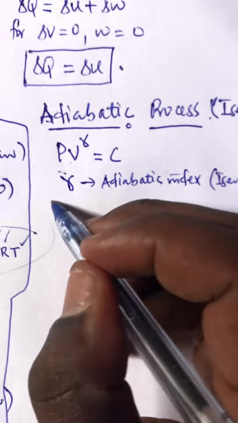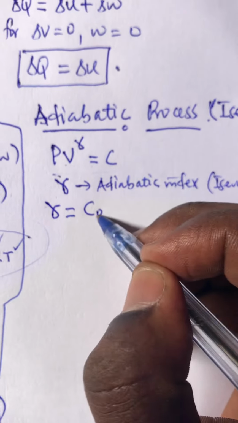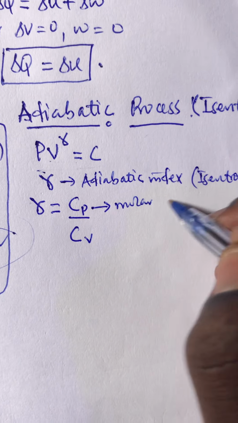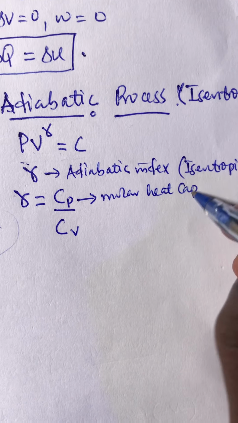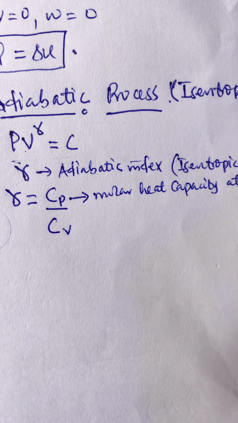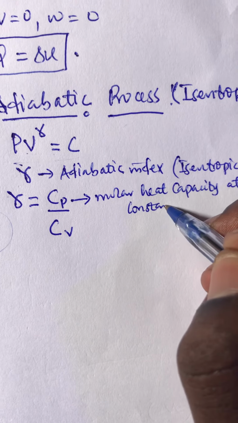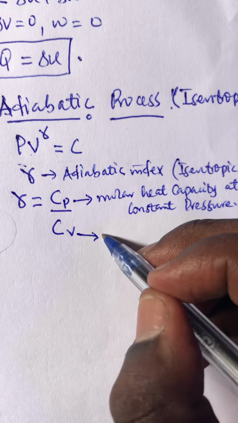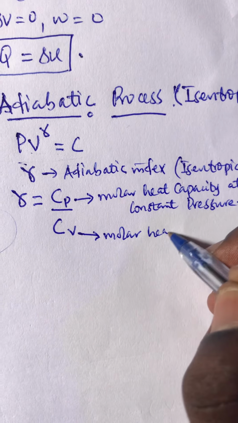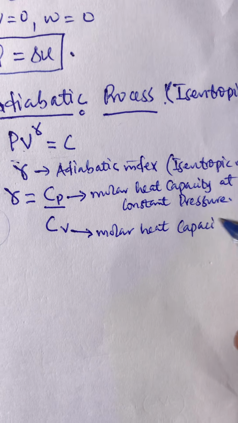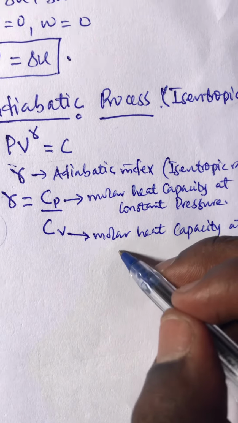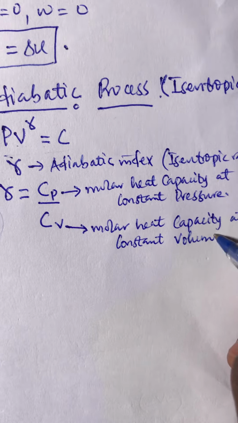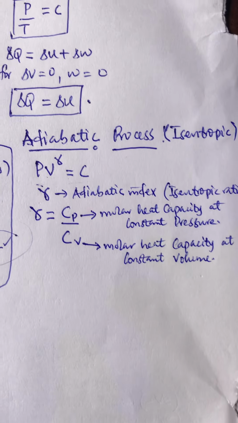The gamma is given by Cp by Cv, where Cp is the molar heat capacity at constant pressure. Then Cv is the molar heat capacity at constant volume. We shall also look at them in detail.